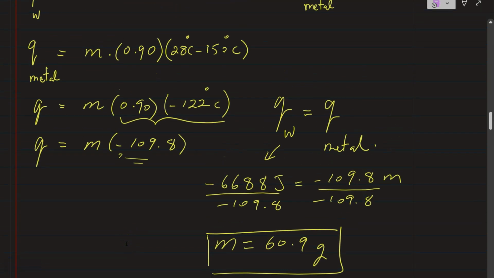Just be aware that whenever you equate the heat gain against the heat loss, you have to make sure that you are using the proper sign. The heat loss is negative, heat gain is positive, but when you set them equal to each other, both signs either have to be positive or negative because the energy amount is the same.